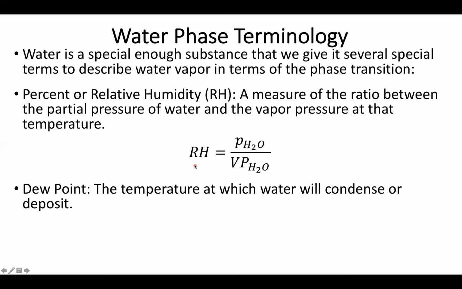Eventually it's going to increase to the point where it's at 100%. At this point, the air can't hold any more water, so it's either going to condense or deposit on a surface. Condense if it's above 0 degrees Celsius, deposit or form a solid if it's below 0 degrees.